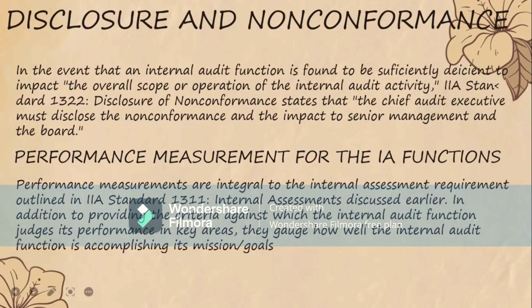Next is performance measurement for the function. Performance measurements are integral to the internal assessment requirement outlined in the IIA Standard 1311, discussed earlier. In addition to providing the criteria against which the internal audit function judges its performance in key areas, they gauge how well the internal audit function is accomplishing its mission and goals.